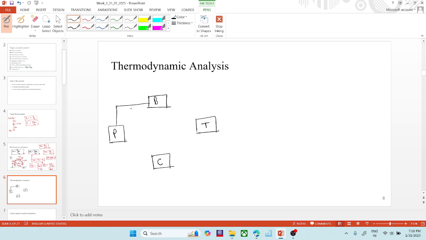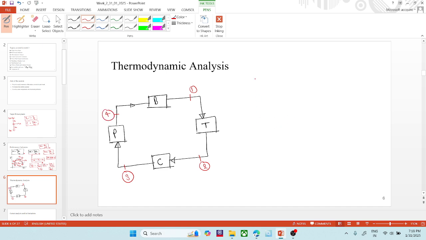We pump the water to the boiler where it is heated and converted into steam, then it expands in the turbine to produce the turbine work, then it is condensed to saturated water. Let me write, this is point 1, this is point 2, this is point 3, and this is point 4.